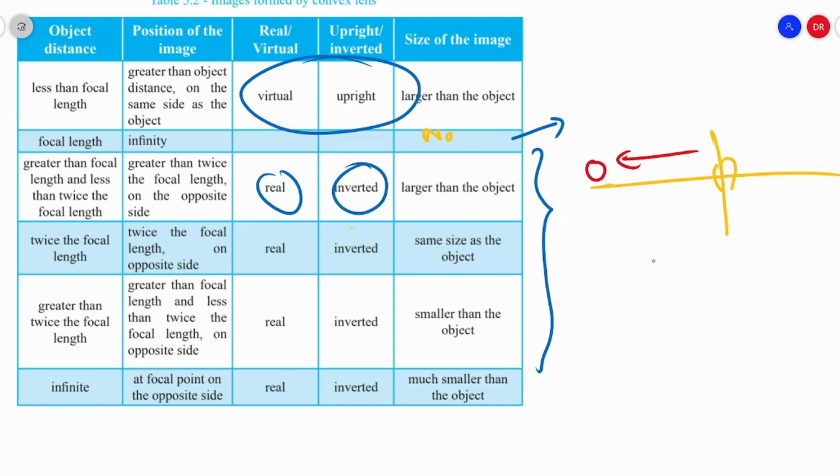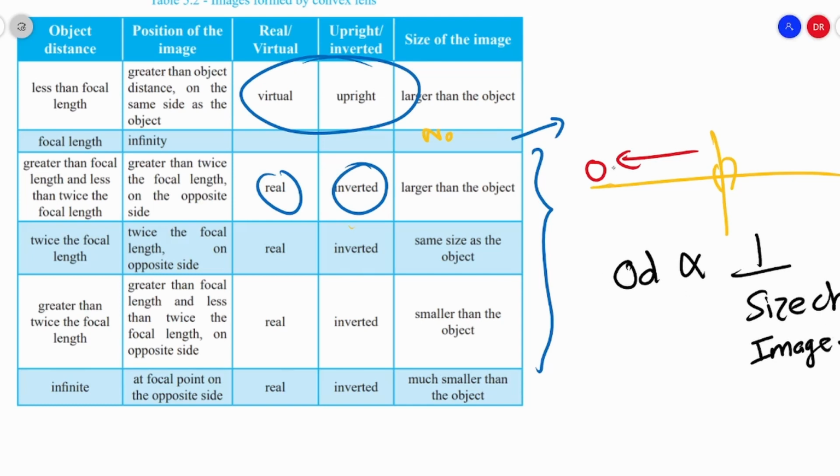Therefore you can remember like this, not always, but as a tip to remember: object distance is kind of inversely proportional to the size of the image.